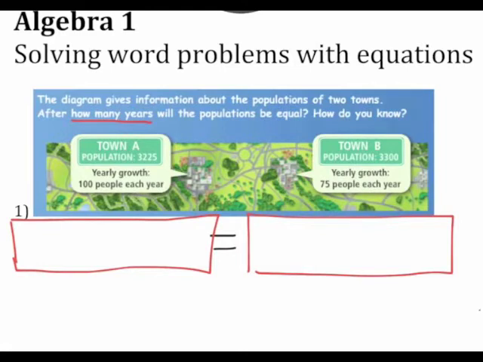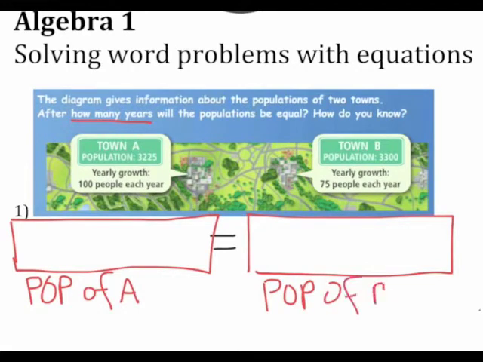So this tells me that this expression on the left needs to represent the population of town A, and this expression on the right needs to represent the population of town B. Our unknown, represented by x, needs to represent the number of years that it will take until the population of A equals the population of B.